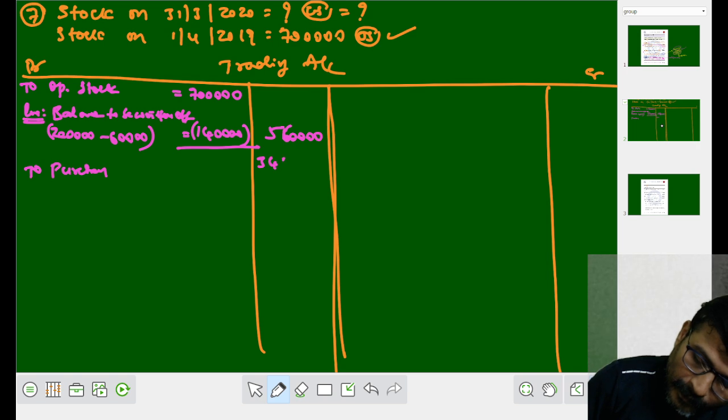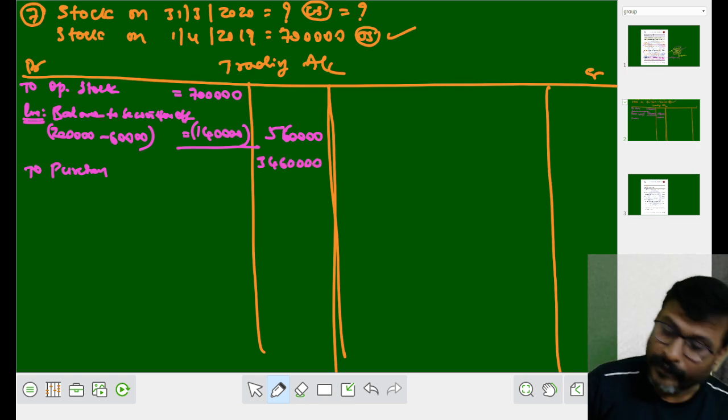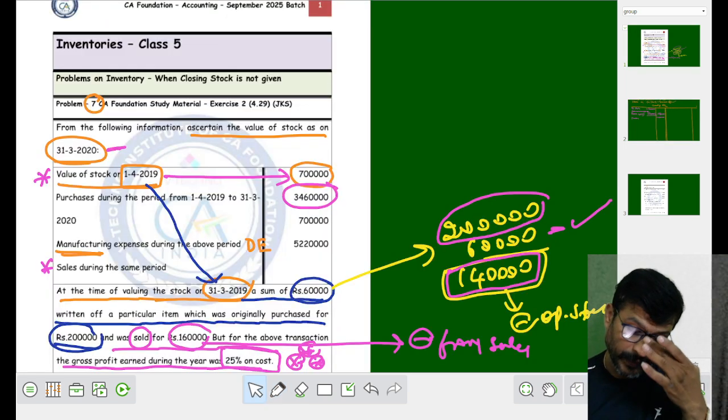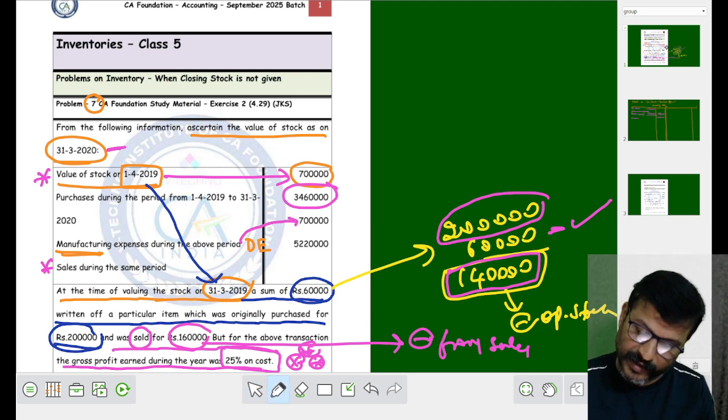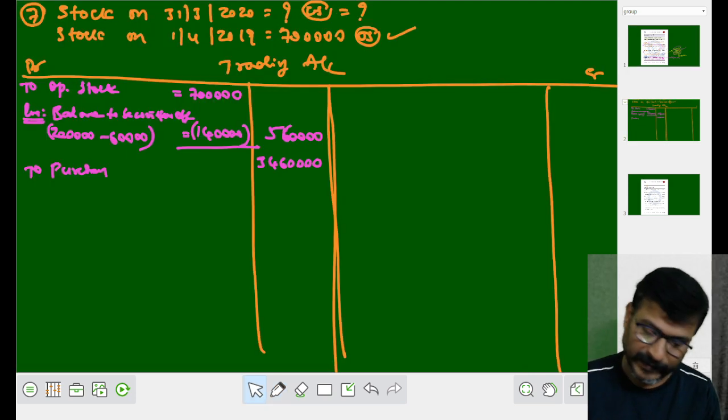Later on, we have manufacturing expenses. Sorry, the alignment is missing. Manufacturing expenses is rupees 7 lakh.